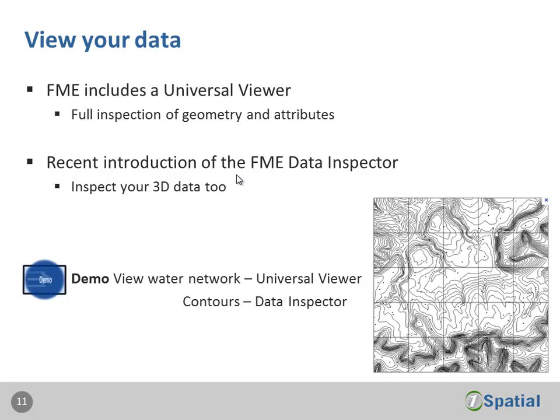Now, if you've used FME for a little while, or you're brand new to FME, you'll maybe be aware through a little bit of a review of the tool that there is something called a Universal Viewer available to you. That allows you to inspect your data, the complete geometry, all of the attributes, and you can literally open up a TAB file, a shape file, a connection to an Oracle spatial database.